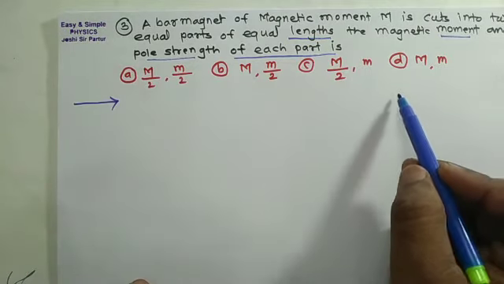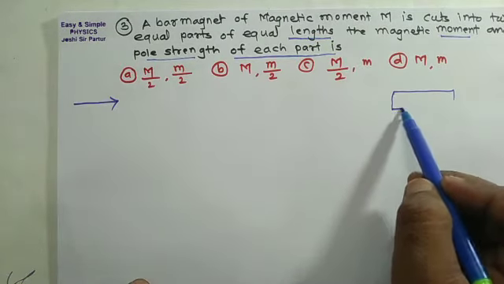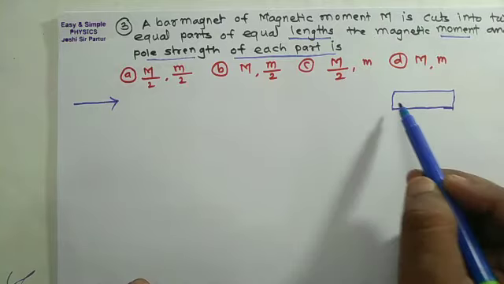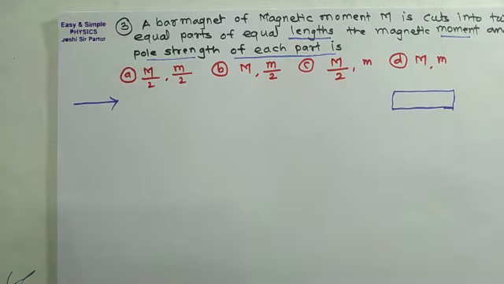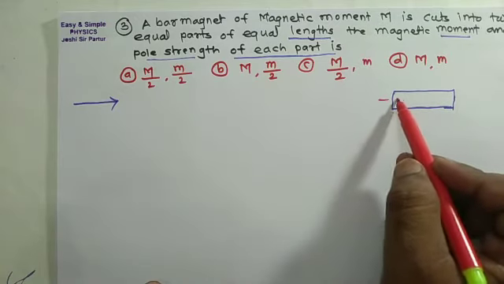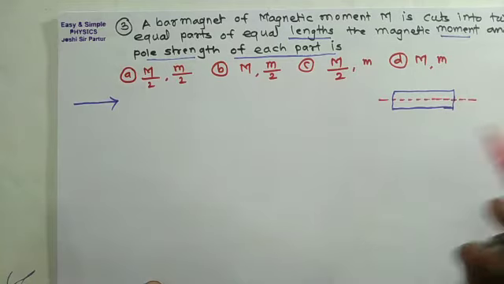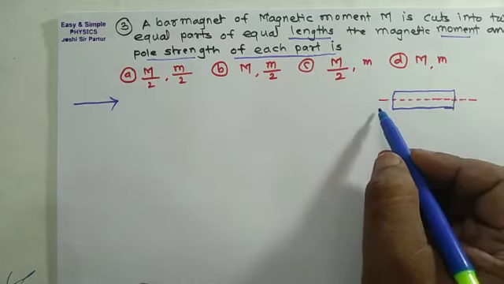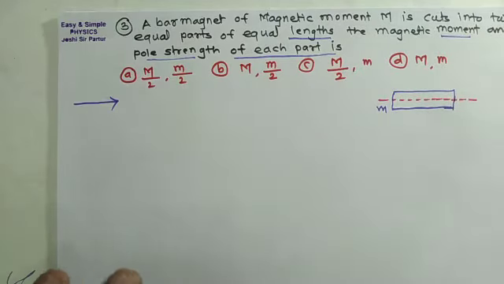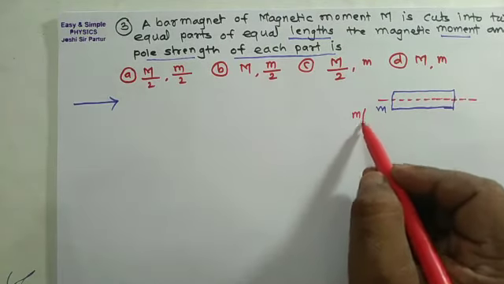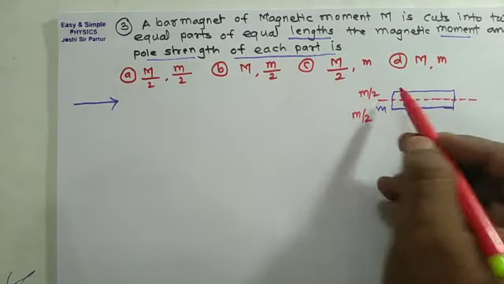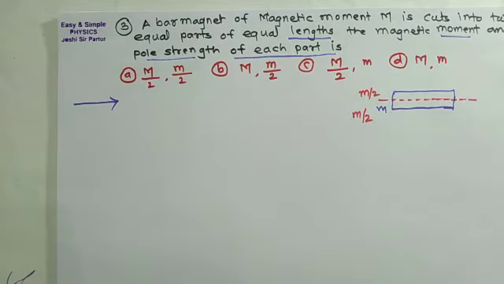Solving such an example, a bar magnet is like this. When it is cut into two equal parts with equal length, the bar magnet having pole strength small m, when cut into two parts, its pole strength will be m upon 2, m divided by 2 here.